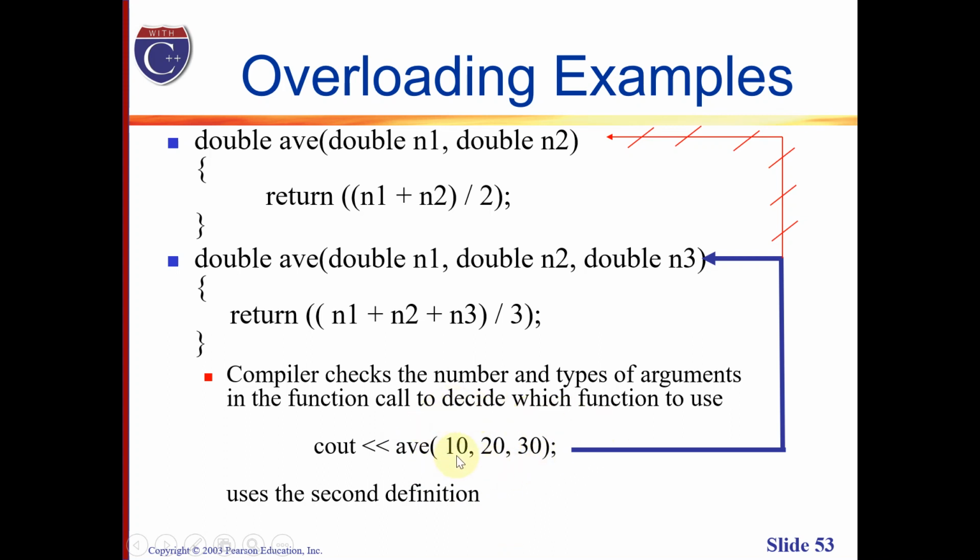In this case, it will use that version of the function with the same number of parameters, which is this one. That is one example of how overloading works. As you can see, we have the same function name, but overloading allows us to create different versions of it.